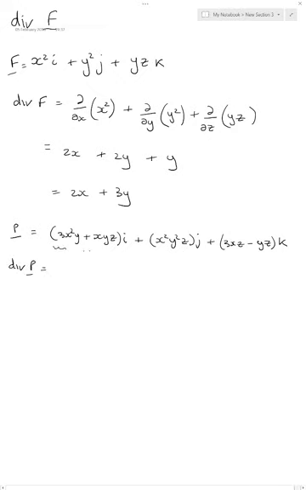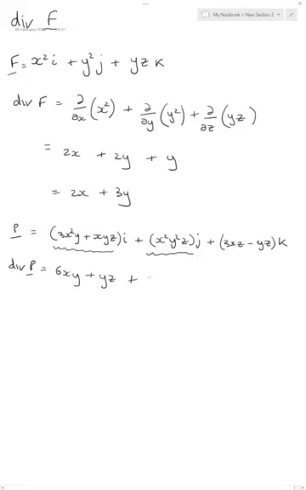So we're going to look at this coefficient of i and partially differentiate it with respect to x. So that would give us 6xy plus yz, and then we're going to look at the coefficient of j and partially differentiate that with respect to y.